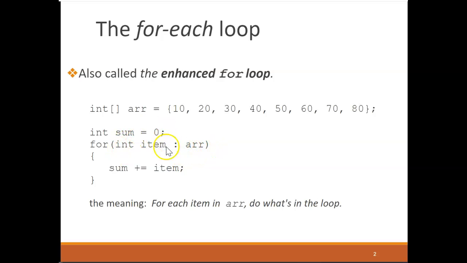This is int item, which is the item in the array. You can look at this colon kind of like the word in. So it's like for each item in the array, sum plus equals item. Sum starts at 0, and then for each item in the array, the first value of item would be 10. The next value of item would be 20. The next value of item would be 30, etc., etc.